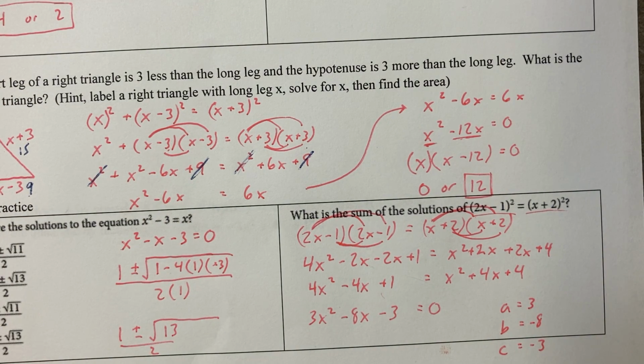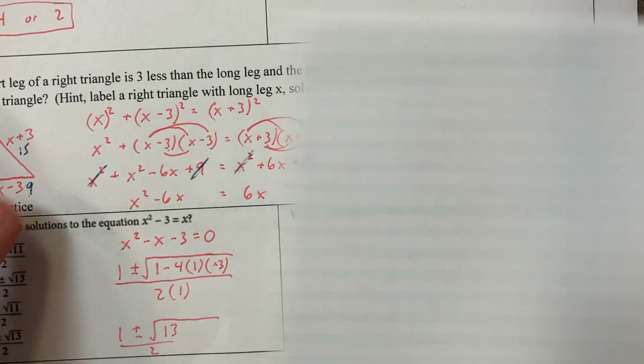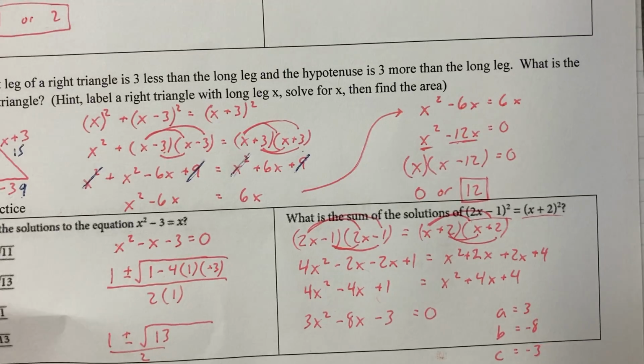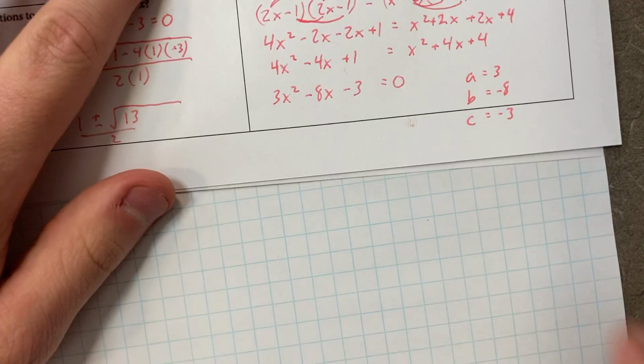So, I'm out of room at this point, but I'm going to keep this problem going on a scrap sheet of paper. Okay. Let me keep the problem going down here.